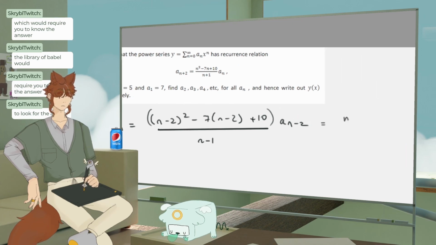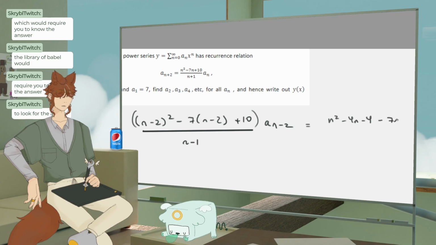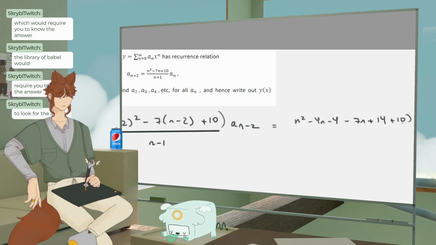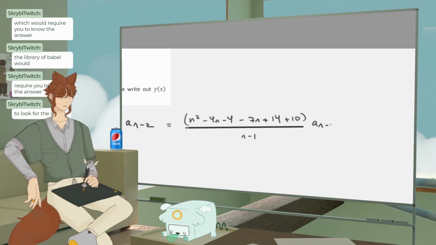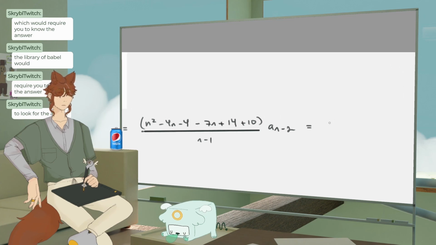Okay. So we have n squared minus 4n minus 4 minus 7n plus 14 plus 10, a n minus 2. And then we'll do one more time to clean it up a little more. Alright, what is this? 11n and then plus 20. Yeah.